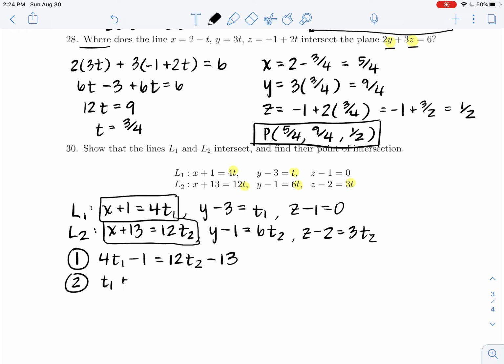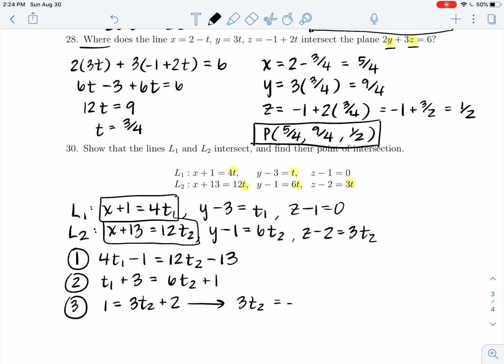So I have T1 plus 3 equals 6T2 plus 1. And then for the z equations, I have 1 equals 3T2 plus 2. Now the fact that T1 is missing in the z equation of L1 is going to make things easy for me because I can solve for T2 immediately.